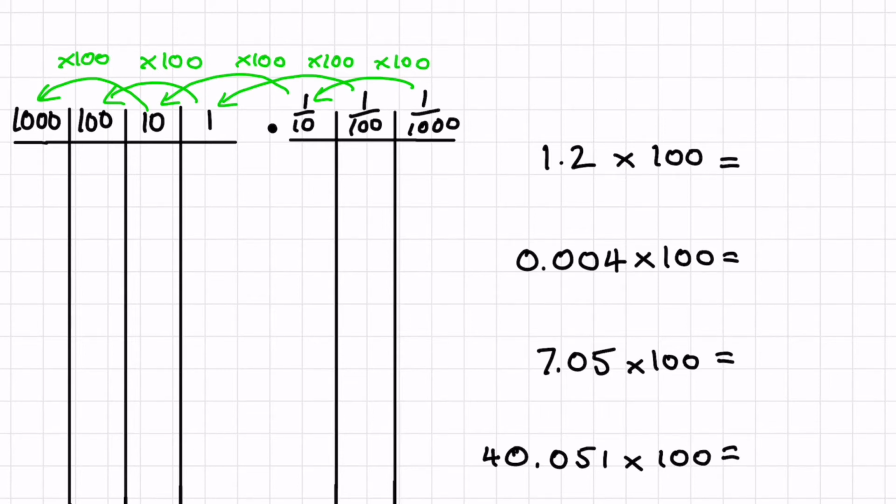I've written these questions here. Let's just quickly do, if we know that 2 multiplied by 100, we know the answer is 200. So there's our 2, and there's our 200. And look what's actually happened. The 2 has moved 2 columns to the left.